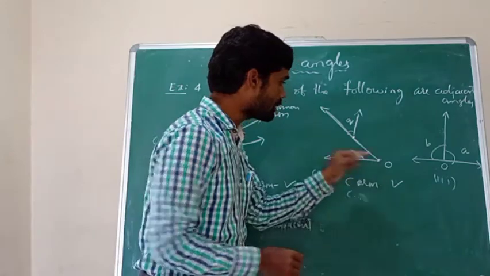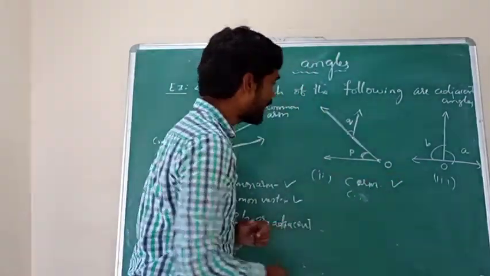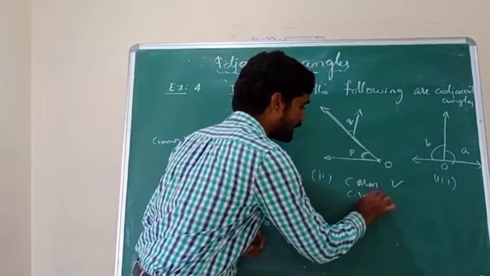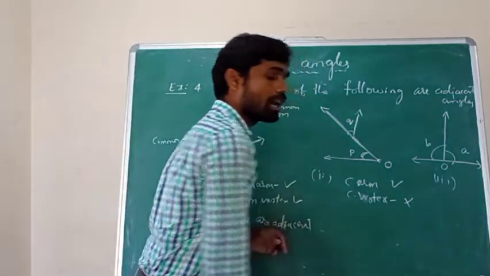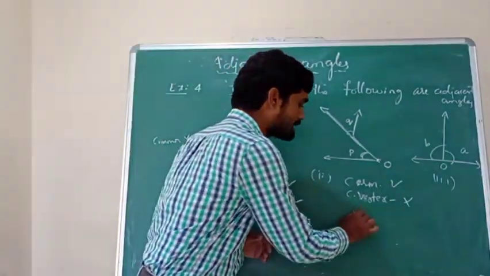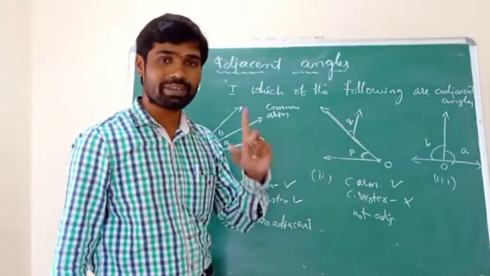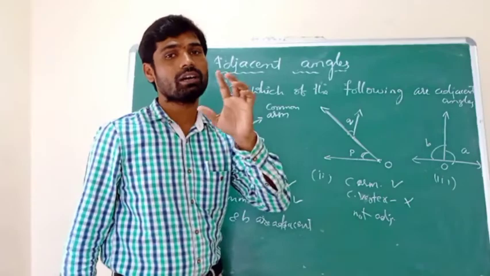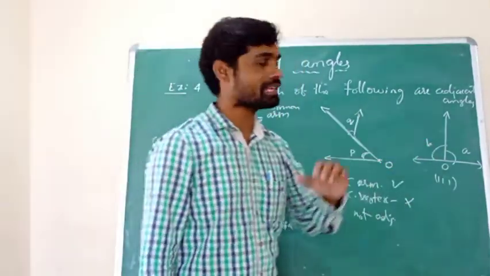No. The common arm is there, but the vertex is different. So these are not adjacent angles. For adjacent angles we have to check arm and vertex. If they have both in common, then we can say they are adjacent angles.